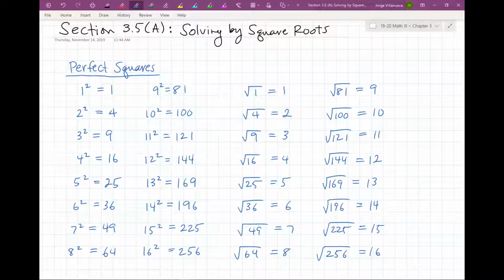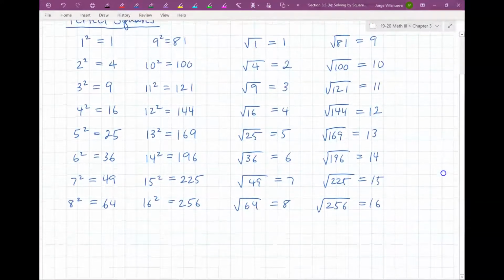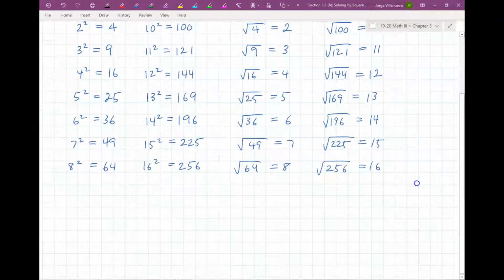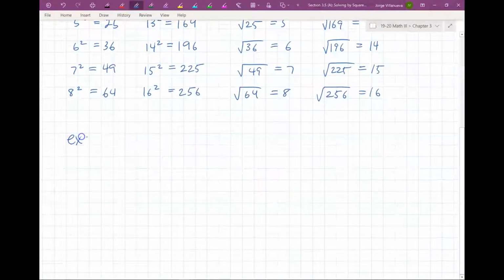Okay? So when you break down radicals, not every square root or radical has a perfect square root. Right? So let me just give you an example of this. I'm going to move this down. Is that okay? Or up, I guess. So let me give you an example here. So we're just going to simplify.